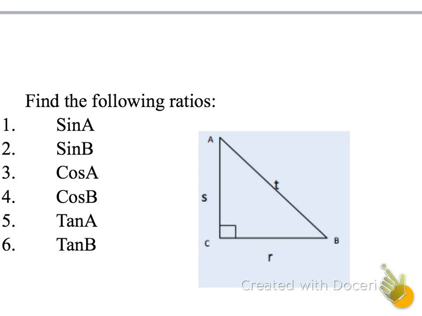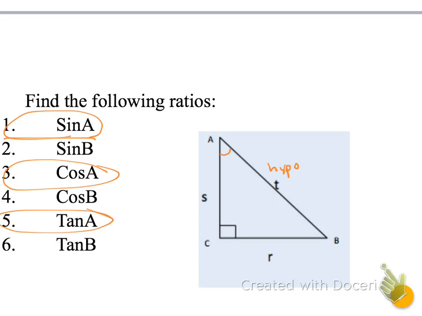Okay, following the ratios, let's do all the ones that go from angle A first, so these three. From angle A, this is my hypotenuse, my side opposite of it, and my side adjacent to it.